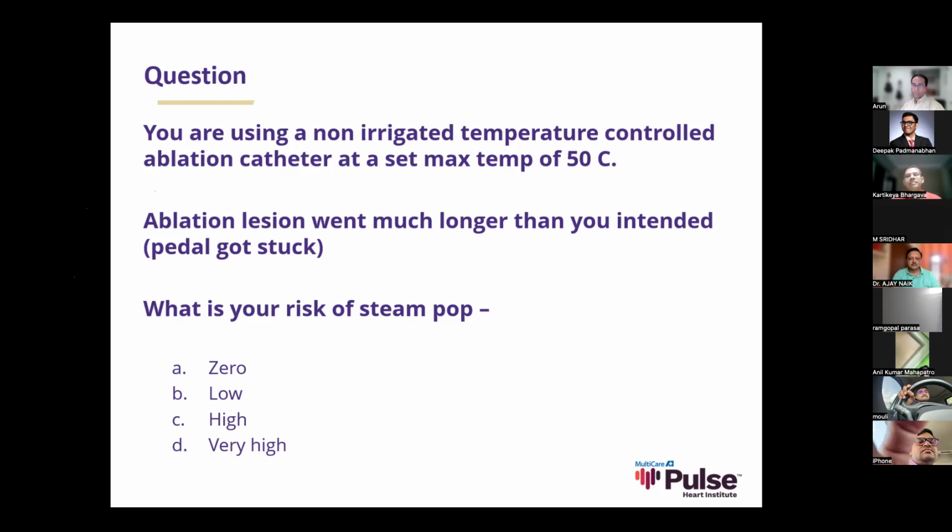As the poll is going on, Arun, I just wanted to have clarity on one point. All this RF is essentially death by thermal injury, right? We are talking about joules, watts, the energy that's going in, but ultimately there is tissue denaturation and death because of the heat that you're producing at the tissue-catheter interface.